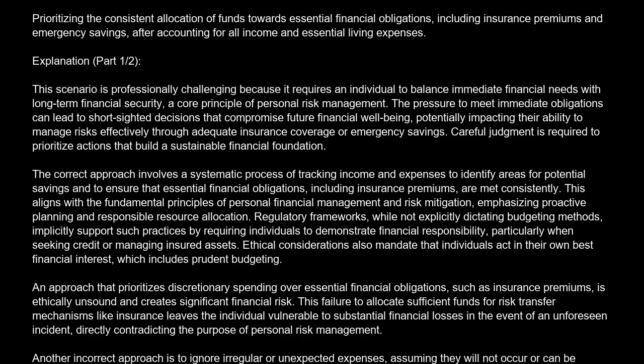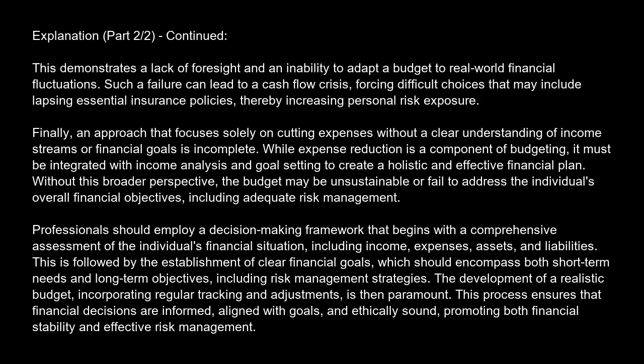Another incorrect approach is to ignore irregular or unexpected expenses, assuming they will not occur or can be absorbed without consequence. This demonstrates a lack of foresight and an inability to adapt a budget to real-world financial fluctuations. Such a failure can lead to a cash flow crisis, forcing difficult choices that may include lapsing essential insurance policies, thereby increasing personal risk exposure.